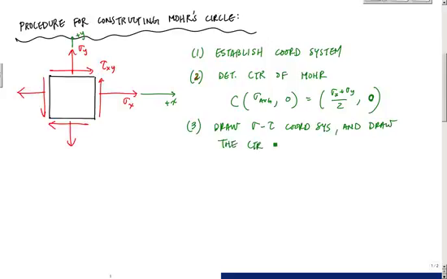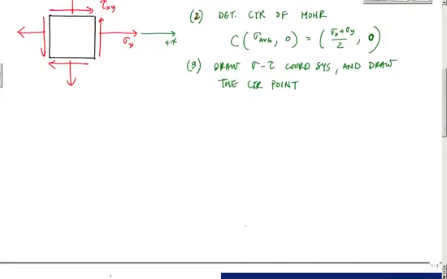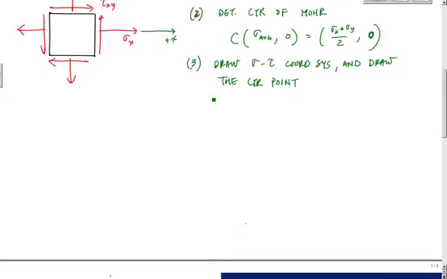Once I've established my coordinate system, I'm going to draw it right here. Normally what you do is plus sigma to the right. Now, depending on what convention you're using, what book you're using, or however you want to look at this, I'm a big fan of using plus tau in the downward axis.